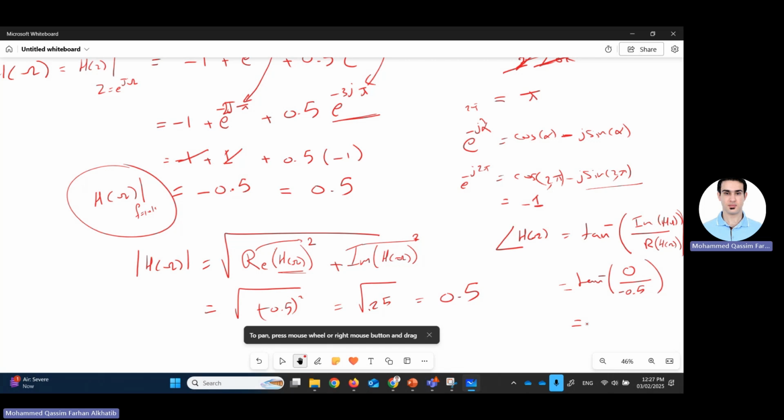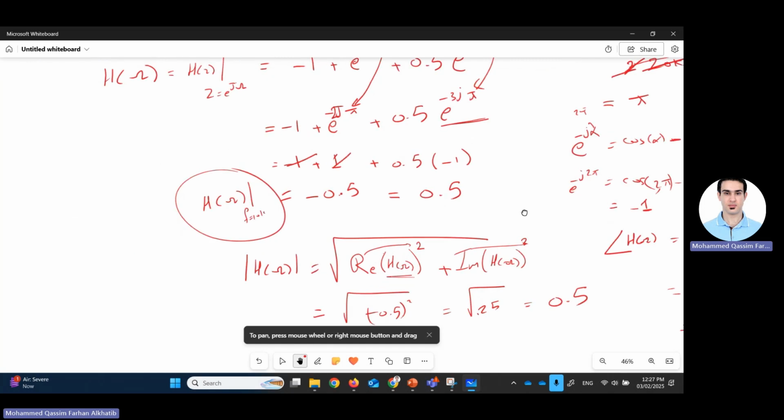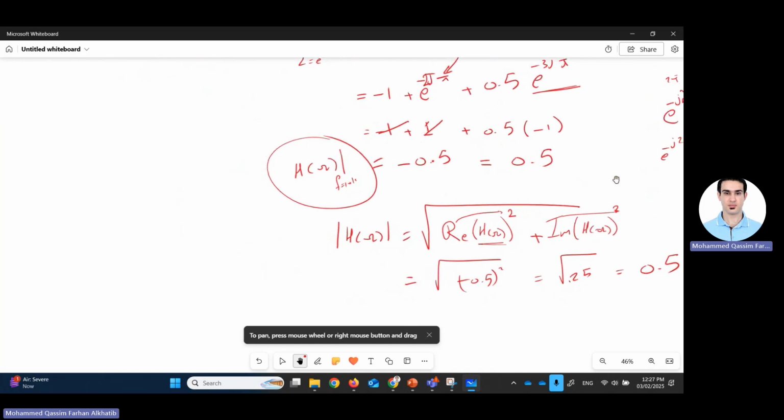If it's a negative number on its own, it's 180 degrees. But let's think about how it's 180 degrees or pi. Remember, you've done polar coordinates, right? And you've done the imaginary and real axis. So this is my real axis, and this is my imaginary axis.